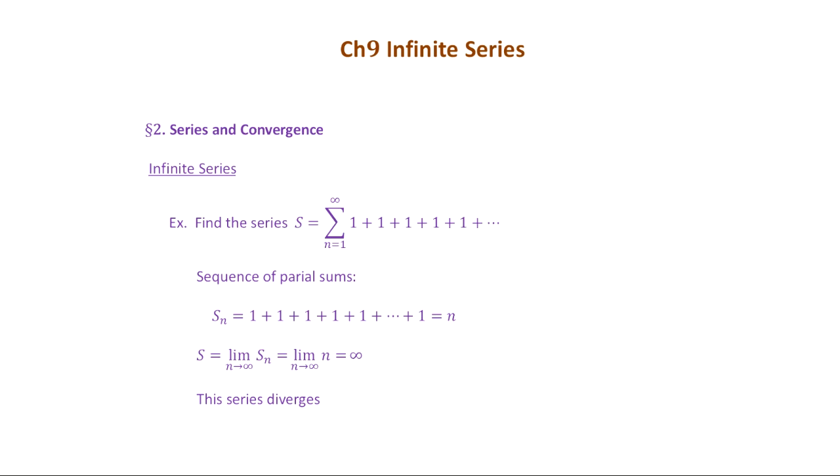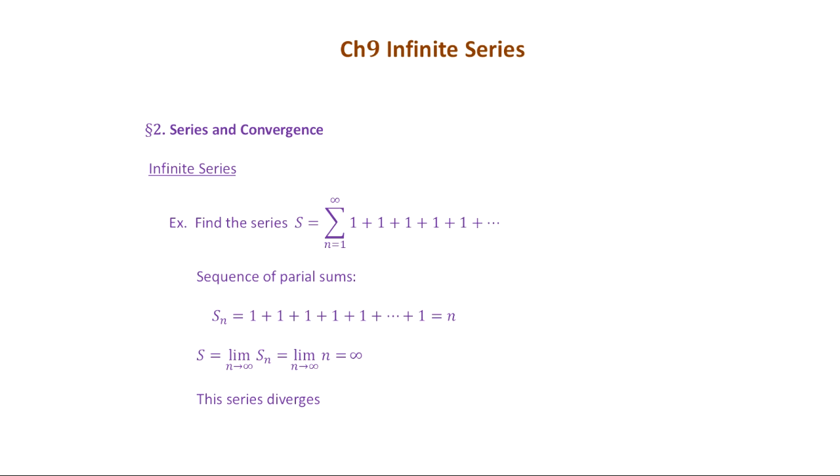So again, you just take the partial sum of this series. You get S sub n equals 1 plus 1 plus 1 plus 1 plus 1, n copies of 1. That would be n, because you have n copies of 1 to add.